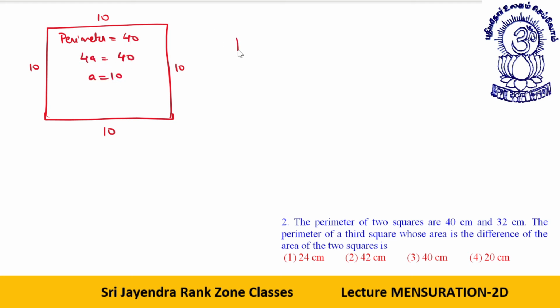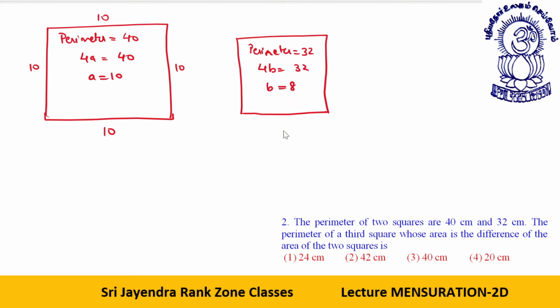The other square has perimeter 32. Let's say 4b is equal to 32, so b is equal to 8. So all the sides are 8 now. I hope all this is clear to everyone.